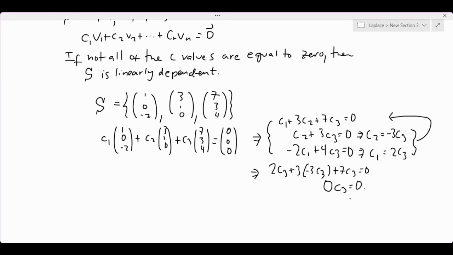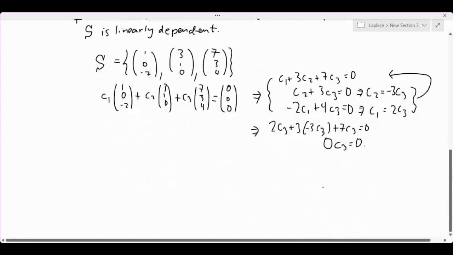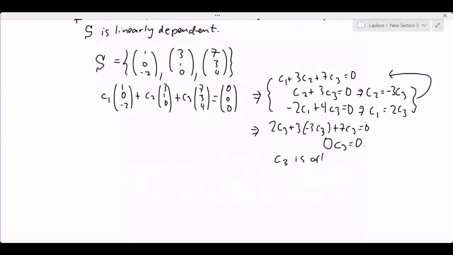Since any number multiplied by 0 is equal to 0, we are at liberty to use any non-zero value of C3, and any value for that C3 will satisfy the system of linear equations. So C3 is arbitrary, and from here we know that C2 is equal to minus 3C3, and C1 is equal to 2C3.